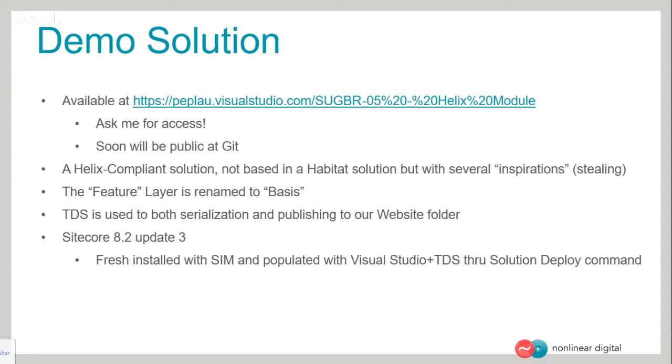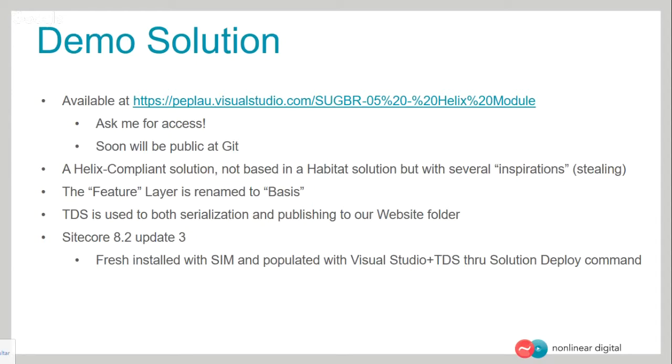It is a Helix-compliant solution, but not based on a Habitat solution, though with several inspirations, let's say, stealing, okay? So I based myself on the Habitat solution, but started from scratch. One important difference in my solution is that the feature layer is renamed to bases.